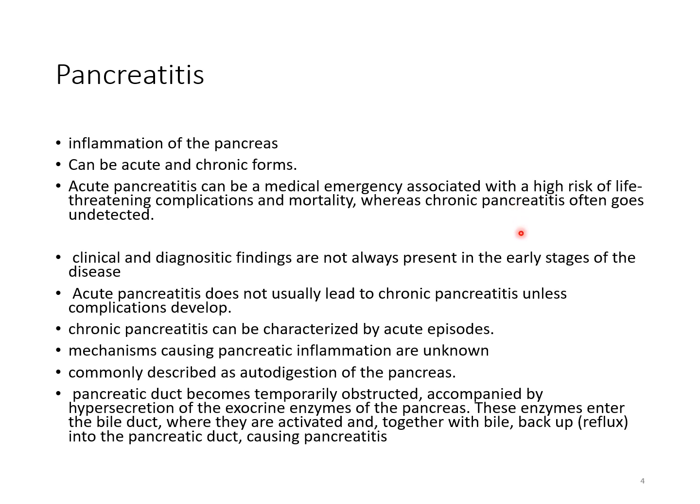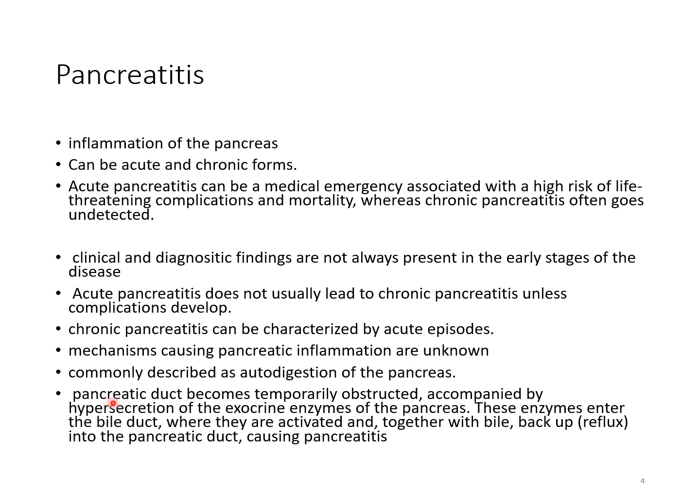All right. So acute pancreatitis usually does not lead to chronic pancreatitis unless complications develop, and we'll be talking about some of those complications. And chronic pancreatitis can be characterized by acute episodes of pancreatitis itself. When they're talking about pancreatitis, they're describing it as autodigestion of the pancreas.